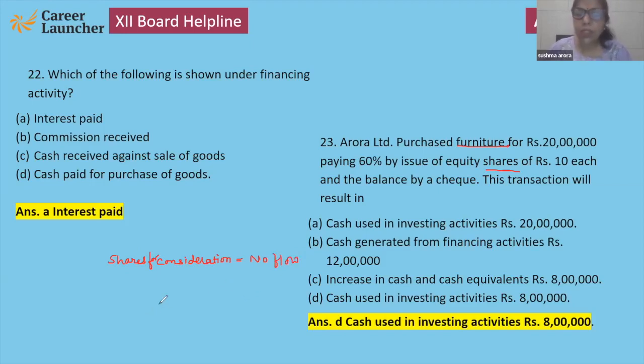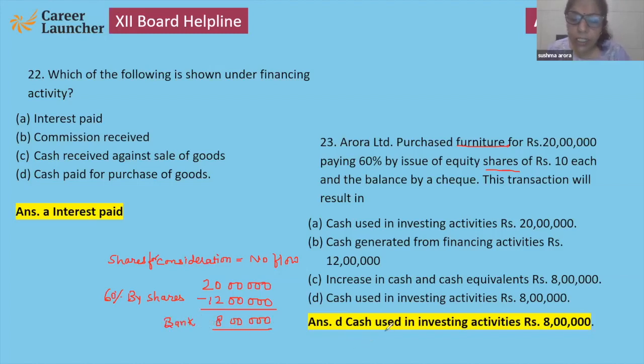Clear? Now see, 20 lakh minus the part paid by shares. By shares, that is 60%, which means 12 lakh by shares. So now 8 lakh will be through cheque, meaning bank. Bank means equal to cash.